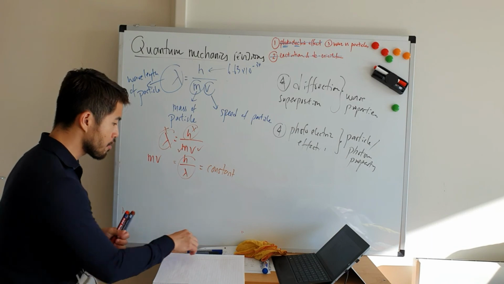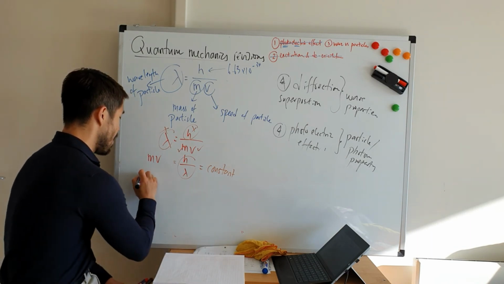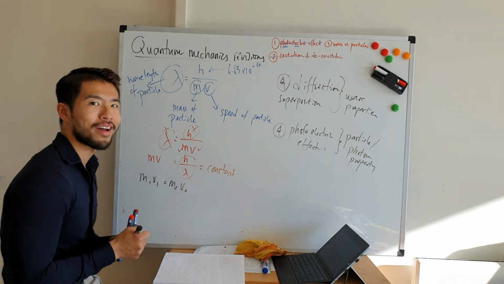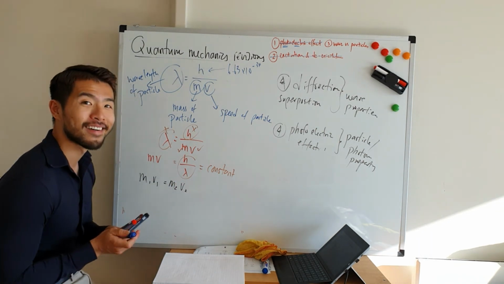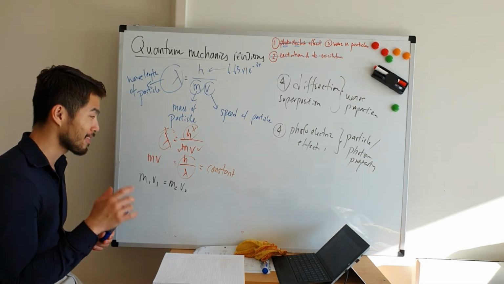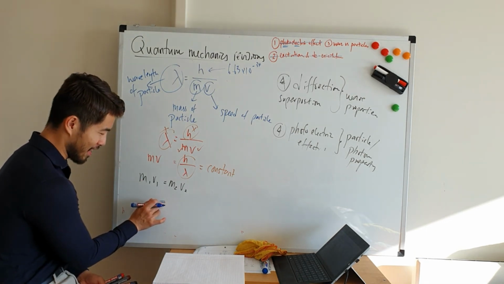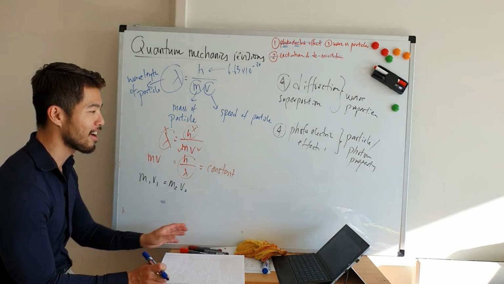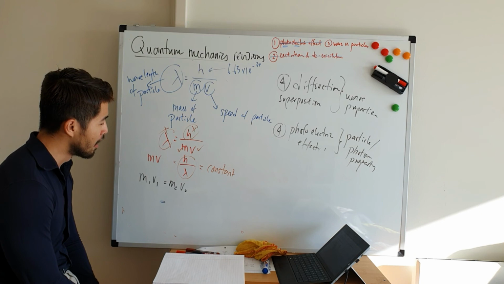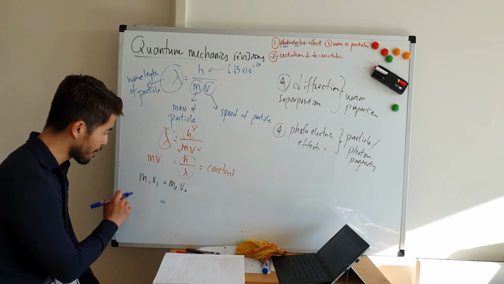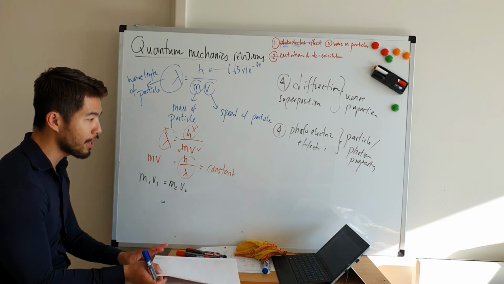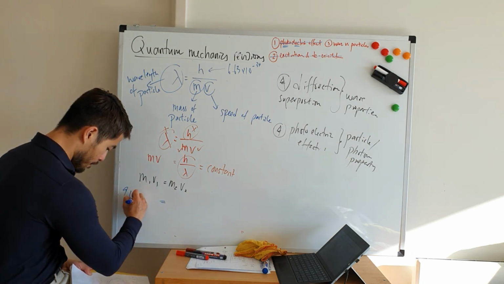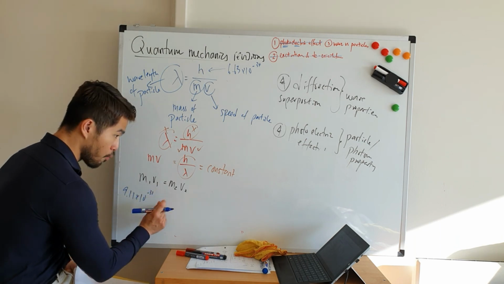So our equation will be m1 v1 equals m2 v2. Wait a minute, what is this? It's actually momentum. This is really exciting; I didn't realize that until I was doing this right now. Anyway, let's talk about this first. The mass of the electron is 9.11 times 10 to the power minus 31.